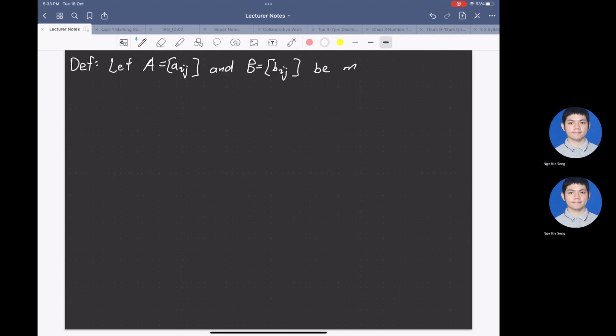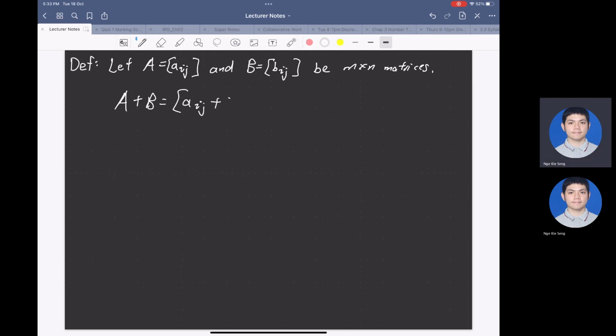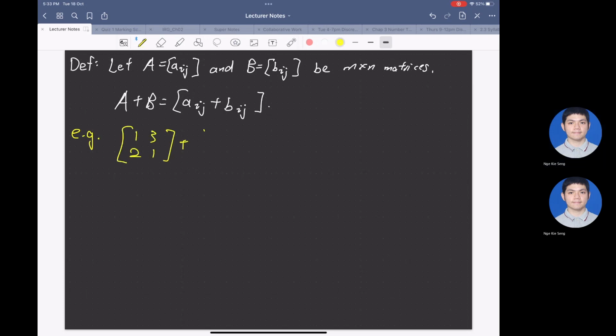A plus B is defined as adding the terms entry-wise.